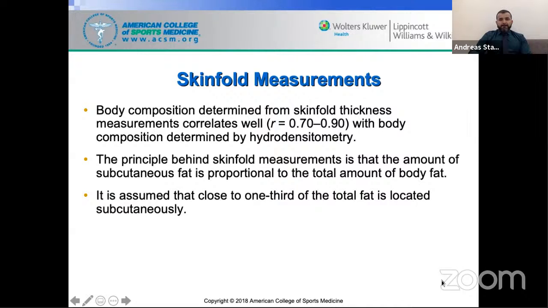Here, the principle is that 1/3 of the total fat is located subcutaneously. So we're making those measurements of our skin, and there are different formulas depending on how many sites we're using.